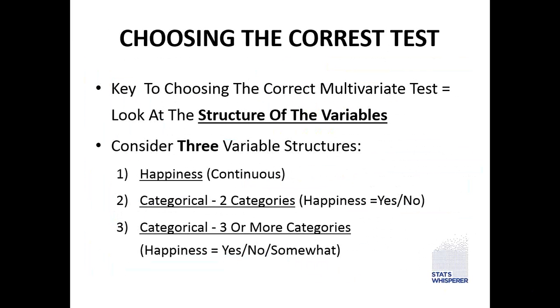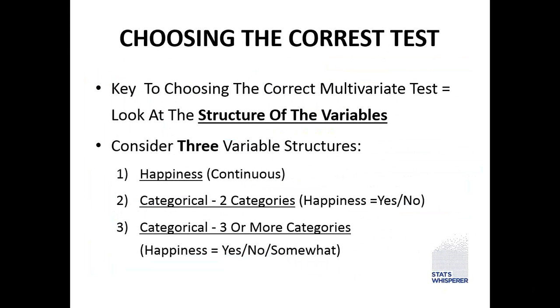Now, how do you choose the right one? Again, just like in bivariate analysis, you look at the variable structure, right? So you look at the structure of the dependent variable specifically. So again, we consider the same three structures as we mentioned in bivariate analysis.